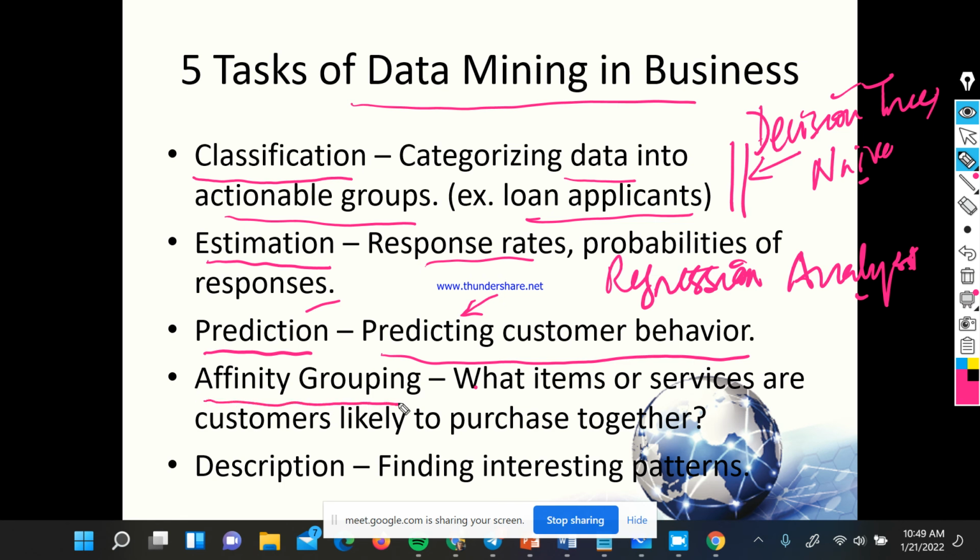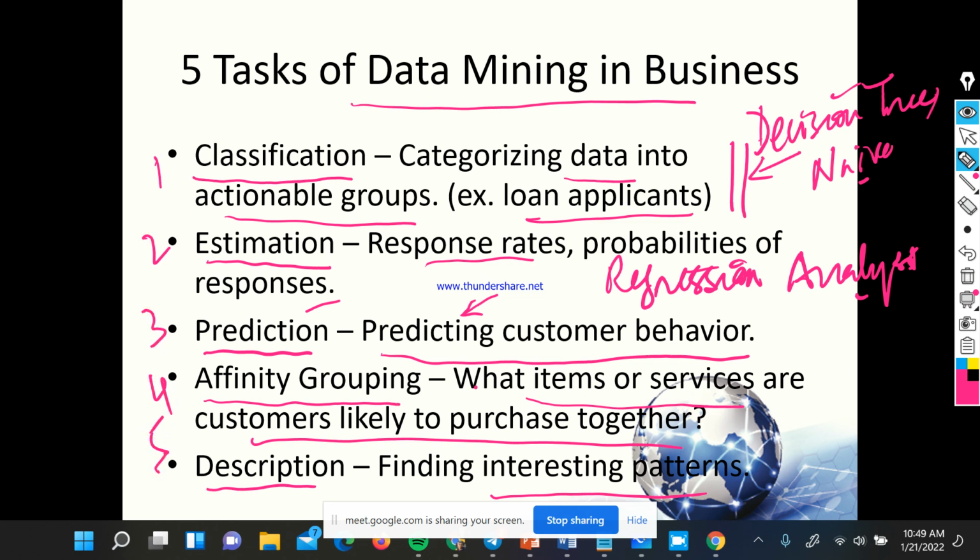Affinity grouping means, as you remember in the last class, finding the items which are close to each other, like what items or services customers are likely to purchase together. Affinity grouping is more like association rule mining, finding the association between the items. And last but not the least is description, finding interesting patterns.